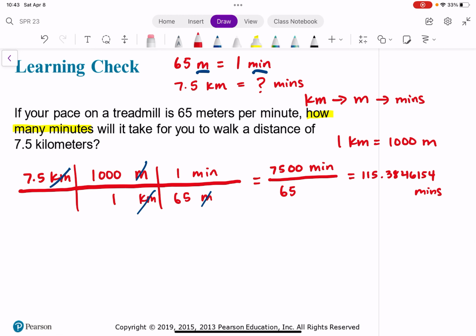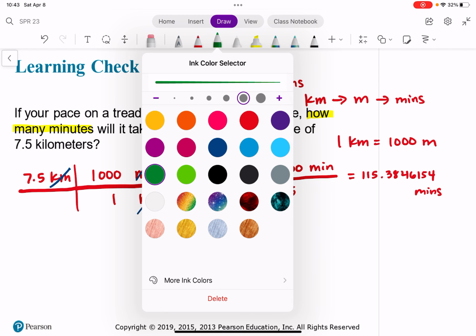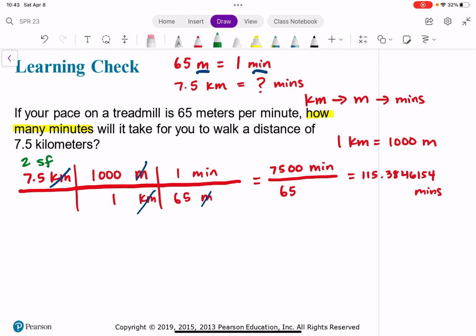Let's go ahead and round this. How are we going to round it? So our measured value is 7.5 kilometers. Okay, so how many sig figs are in that? We got 2 sig figs there. And then what other measured value do we have?